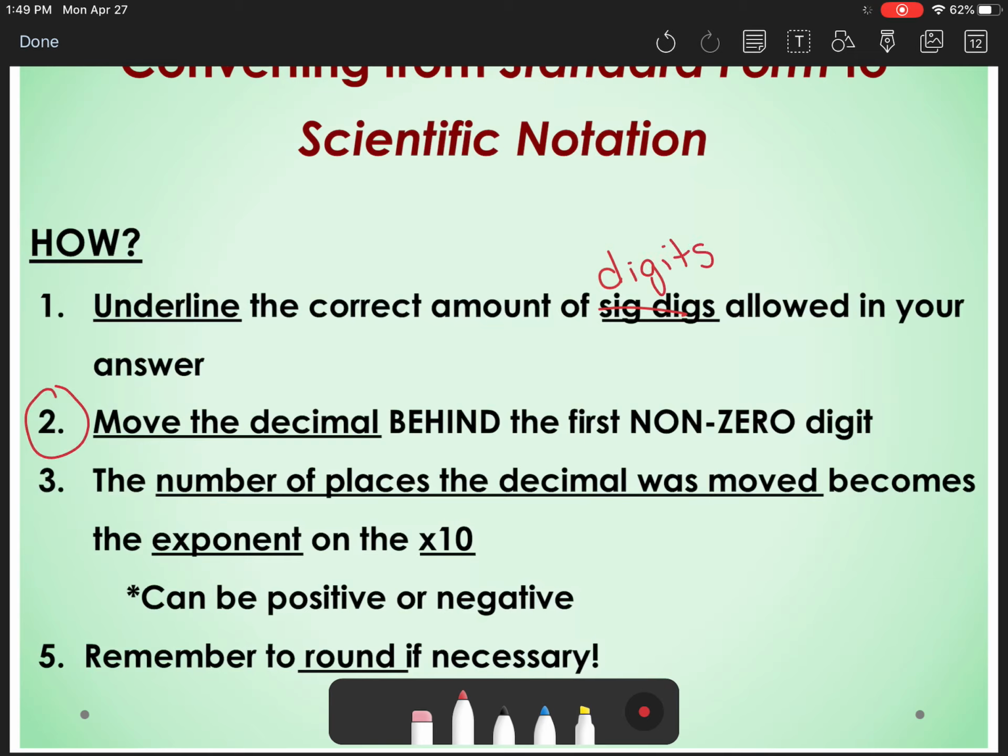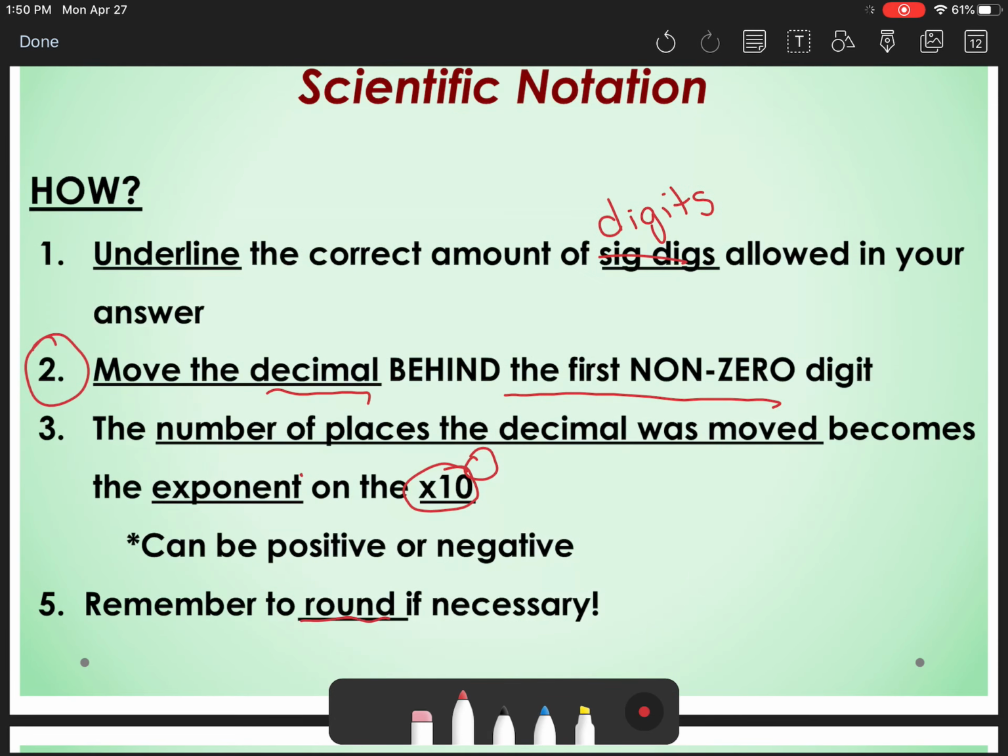Second, really important here, in scientific notation, the decimal always gets moved behind the very first digit that is not a 0. Okay, and we'll do some examples. Third, you write your number, you write your times 10, and however many times you actually moved the decimal is the exponent on that times 10 to the power of. And I'll show you what that means in a minute.